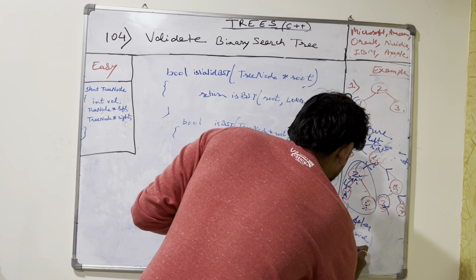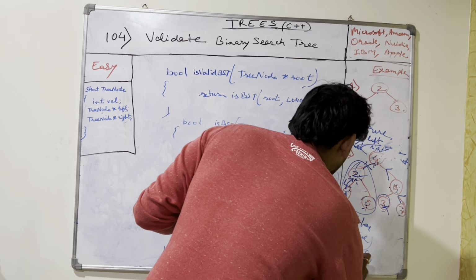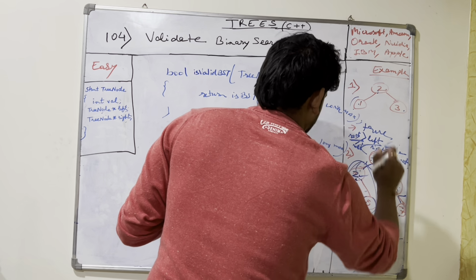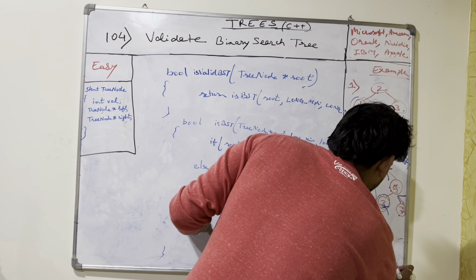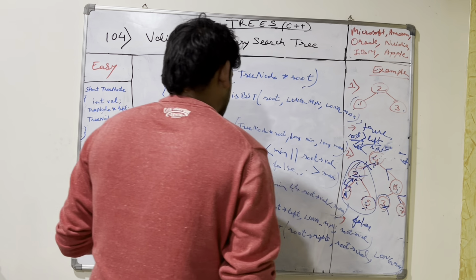It has to be greater than the root value, the right has to be greater than the root value, and it cannot cross any maximum value which is given. You'll understand this.